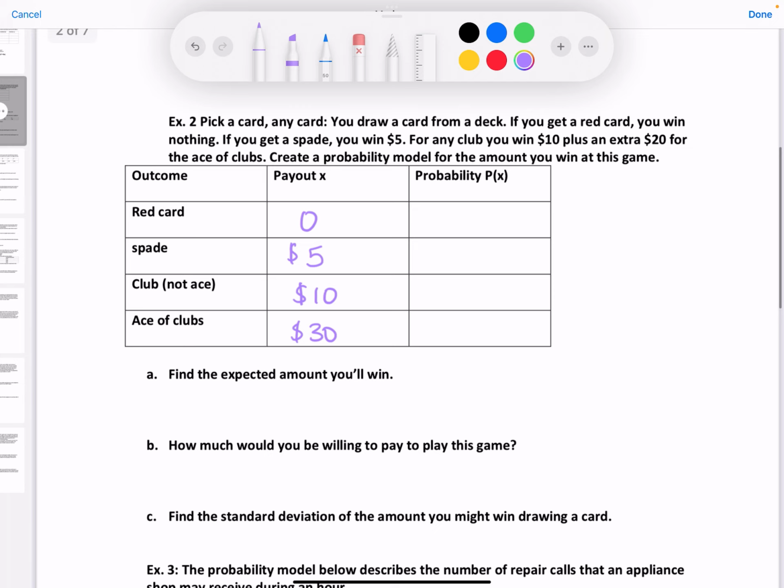So the probability of a red card, well, it's half the cards, so 26 out of 52. Or you can reduce it down to 1/2 to make things easier when you're actually solving it. A spade is 13 out of 52, which is 1/4.